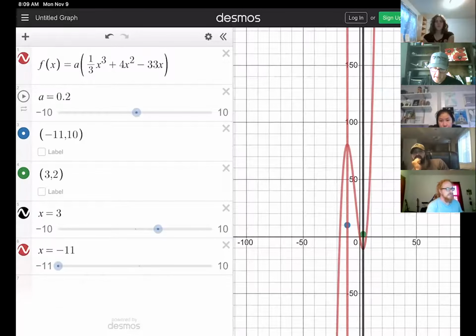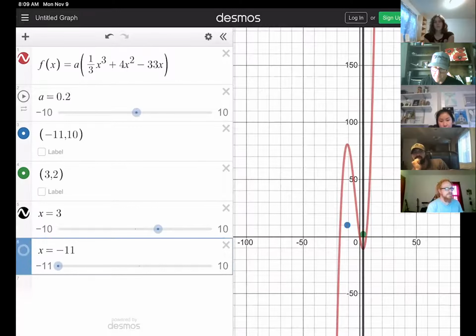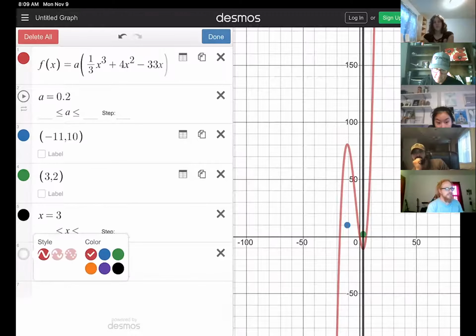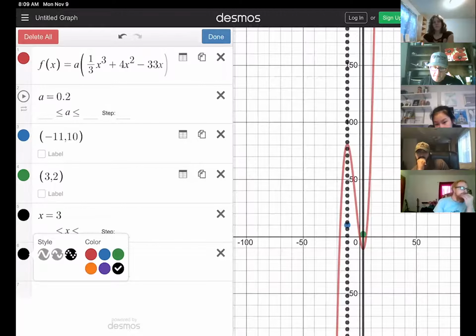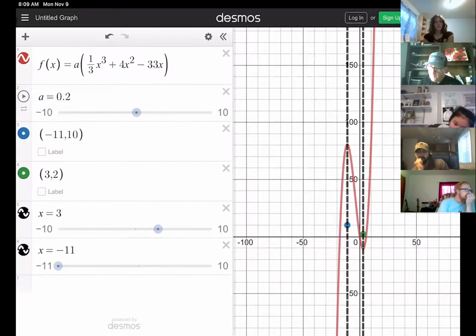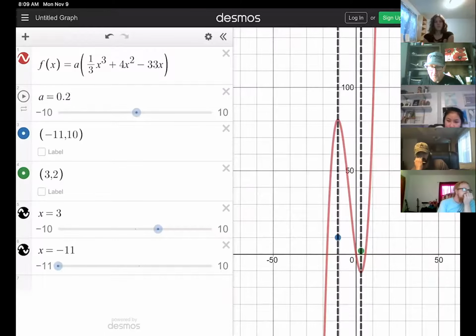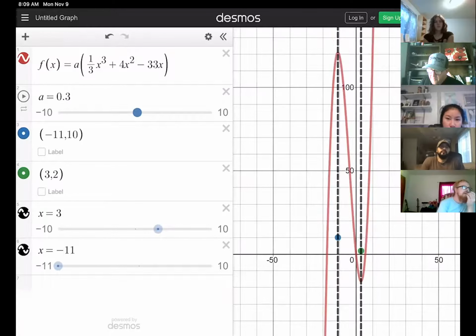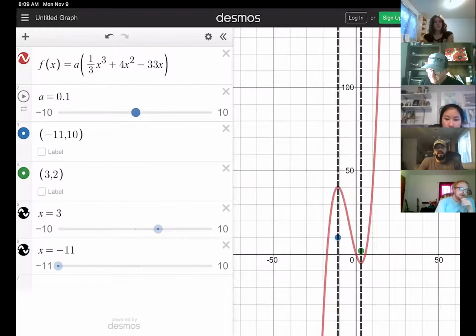Let's change the color of that to black. You could also put F prime equals 0. So the point is, no matter what I multiply my cubed equation that I'm starting to make by, it still has a slope of 0 at x is negative 11 and x is 3.